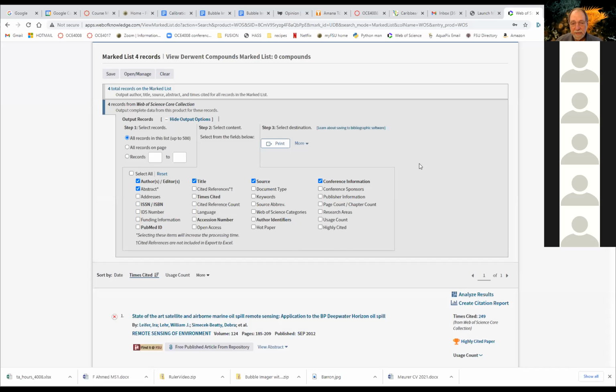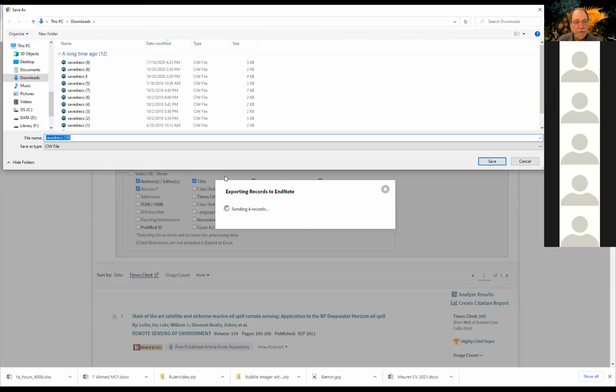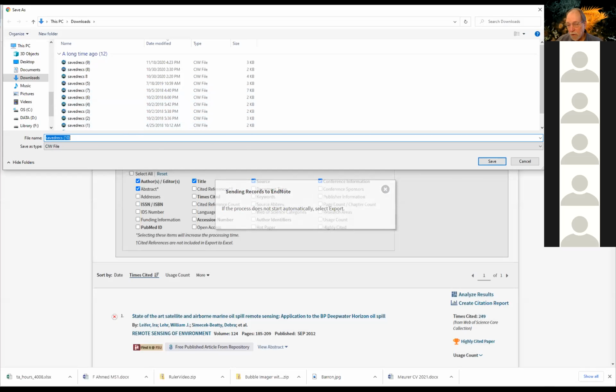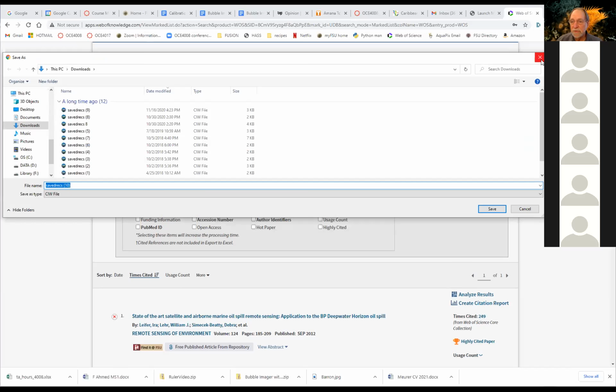No, this is not finding that. But you can set up EndNote Online, and you can do it online, and you can also do it on desktop. So I can export to EndNote Desktop, and then I could open up that paper in EndNote and be able to use other tools.